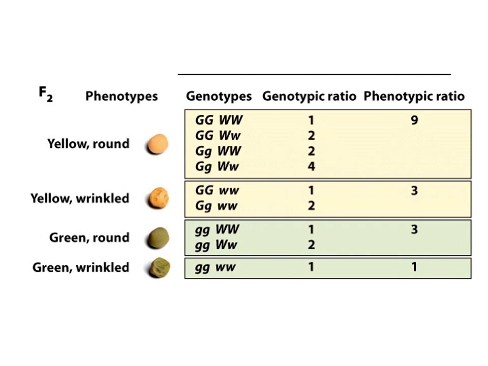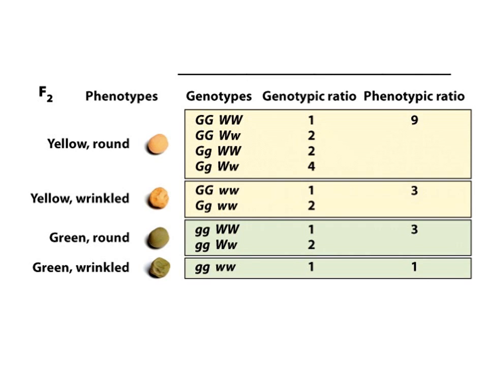You would count up what's the genotype of the parents? Big G, little g, big W, little w, good Carl. You come over here, 4 out of 16. What percentage? 25%. So that could be something. But when we get into more complex ones, we're usually more interested in the phenotypic ratios.